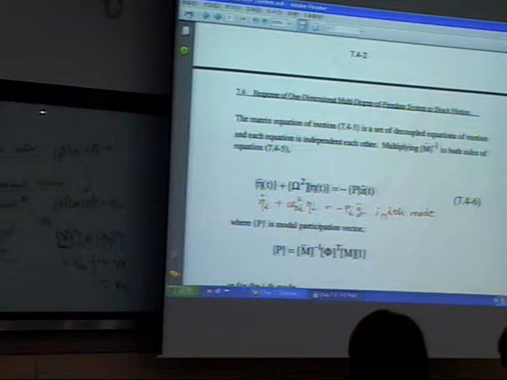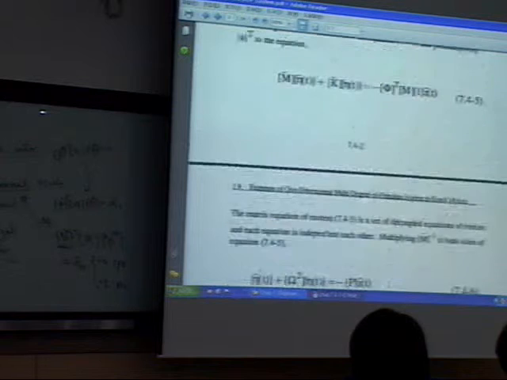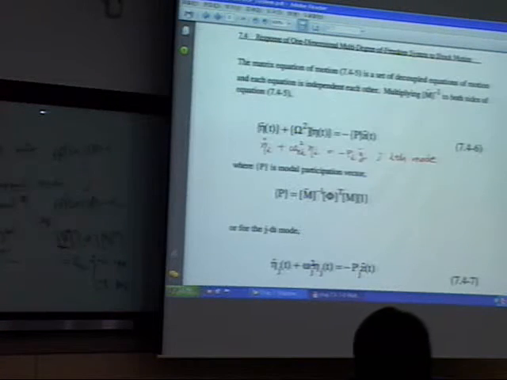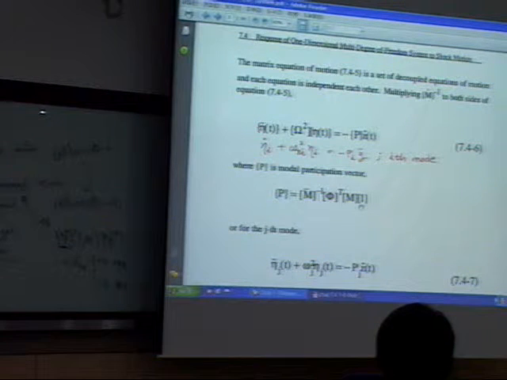It's the ith mode; row means mode. This is in modal space. So here p, we put everything shown here divided by m tilde or m bar.